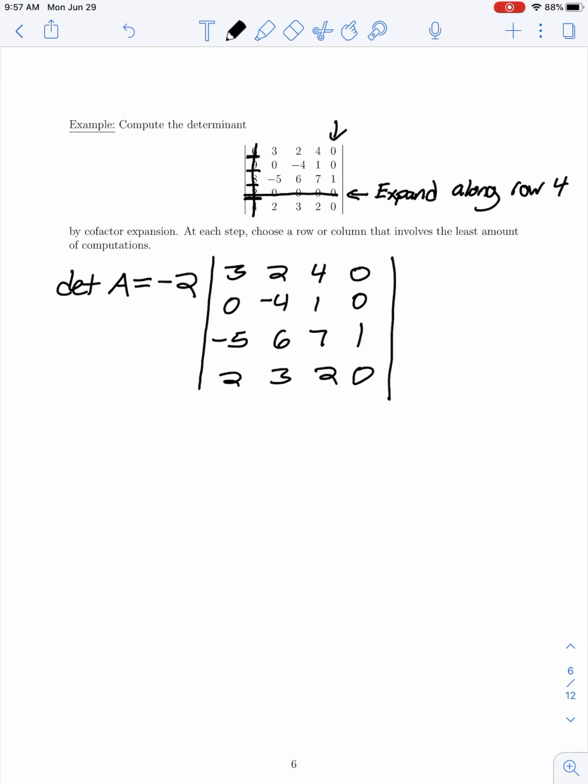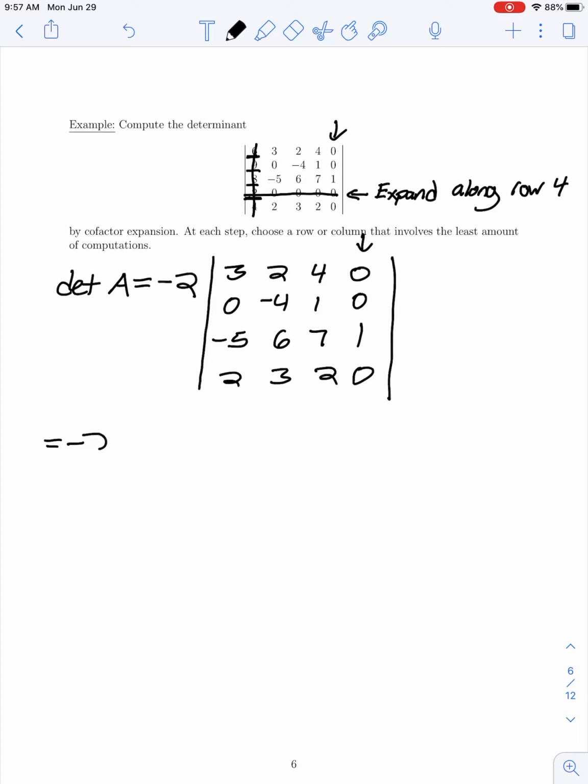Now, to find the determinant of this 4x4 submatrix, well, we see that our fourth column contains mostly 0 entries. So let's now expand along that fourth column.